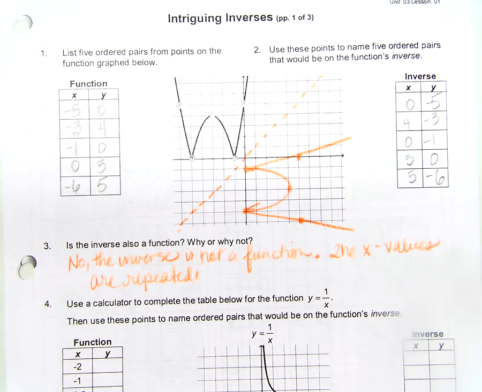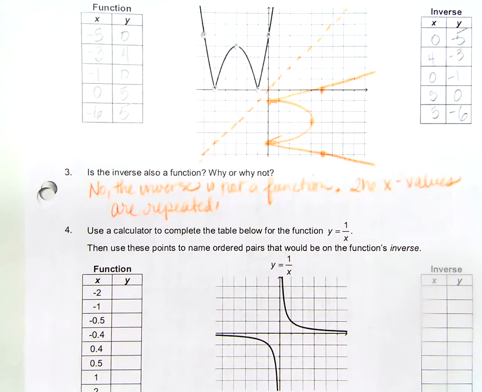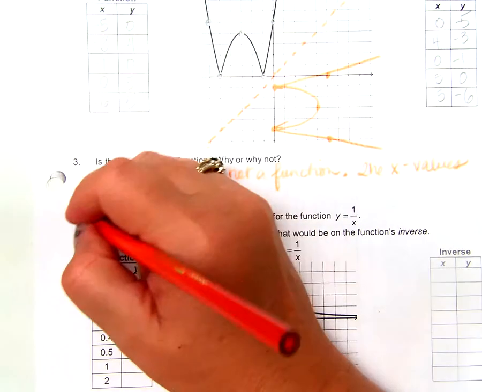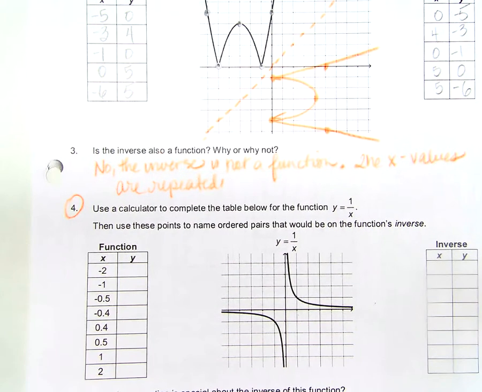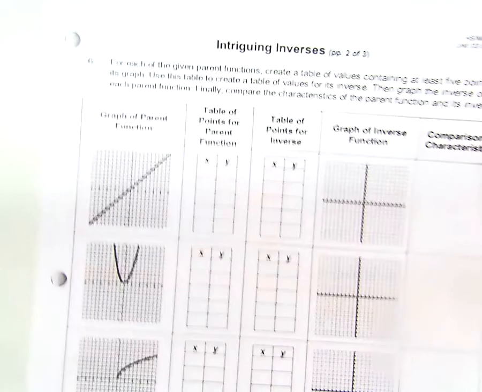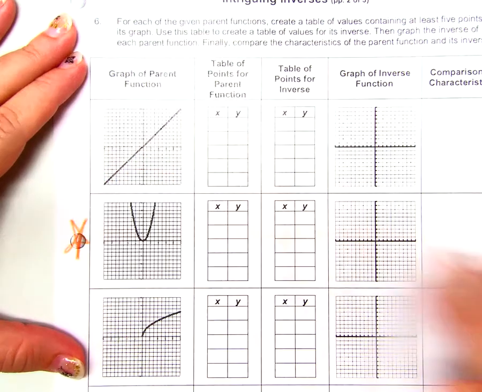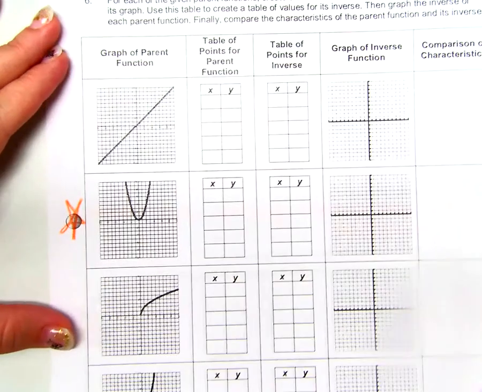Questions? You're going to do 4 later. Actually 4 and 5 if you want to get technical. Okay? I want you to put a star beside this, the parabola.